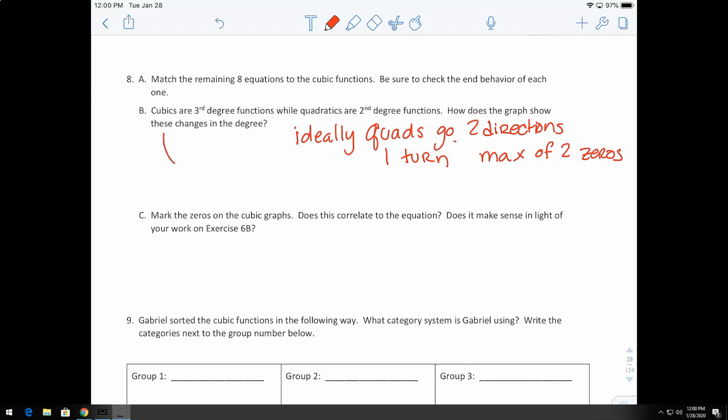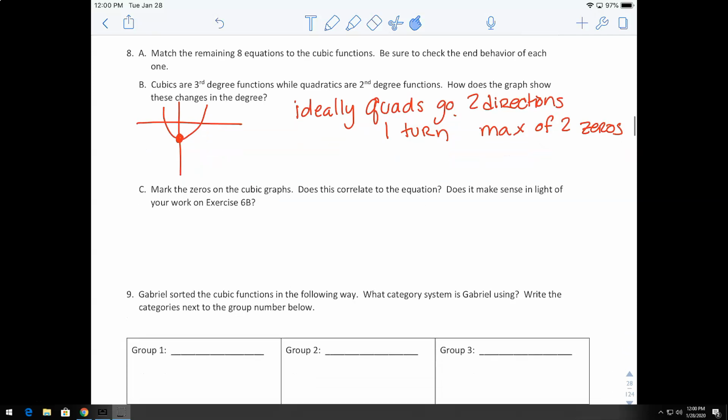So they go down and then up, two directions. They have one turn, and if I place this in the right place, I would get 2 x's. But that's the most I could get. So I could get just one x-intercept, I could get 0 x-intercepts. So you need to go and make me an ideally for 3. And ideally, cubics do what?